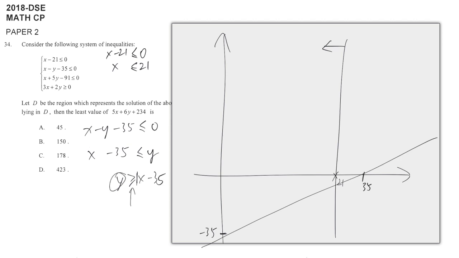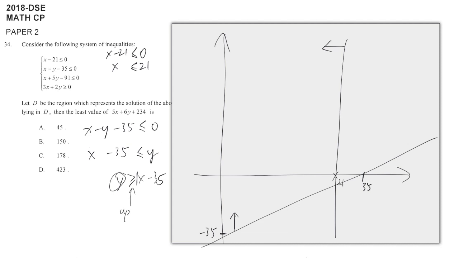Larger than means up. We are talking about the upper part. Only the upper region, where we have greater height, y representing the highest position. So we are talking about this line. Now our feasible region is this region.